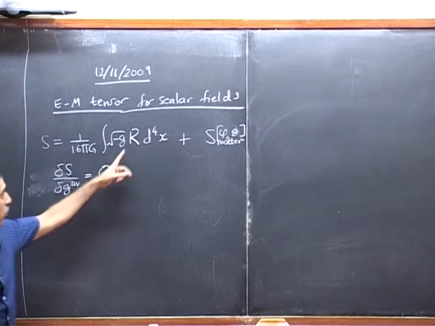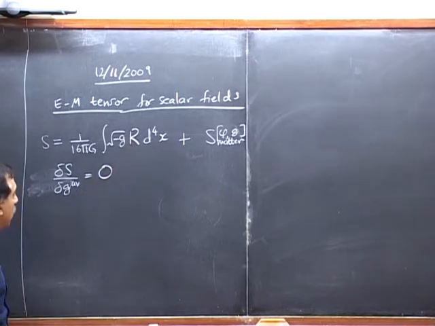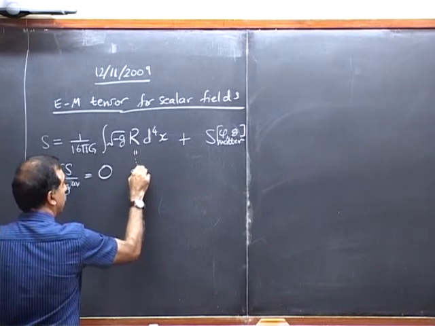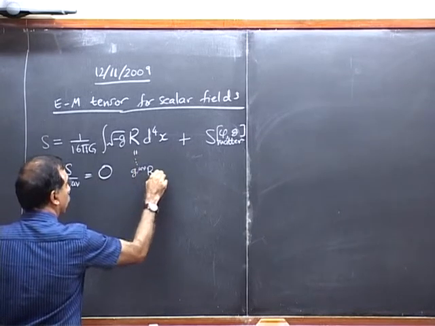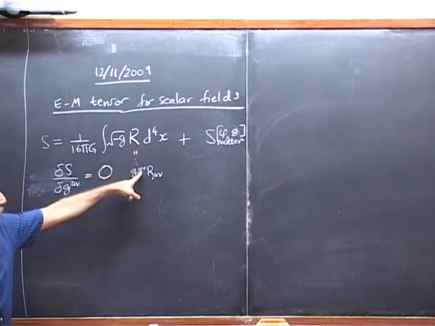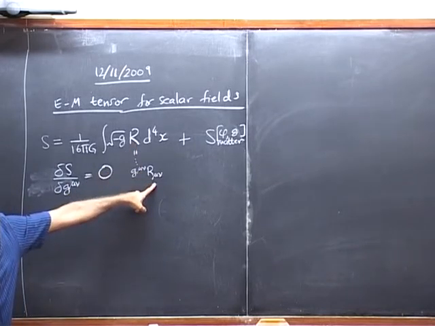Now it's easy to remember what you get when you differentiate this, because remember that R is secretly g^{mu nu} R_{mu nu}. That's what R is. So if I differentiate with respect to g^{mu nu}, I'm left with R_{mu nu}, and there are no possible signs or factors in that term.